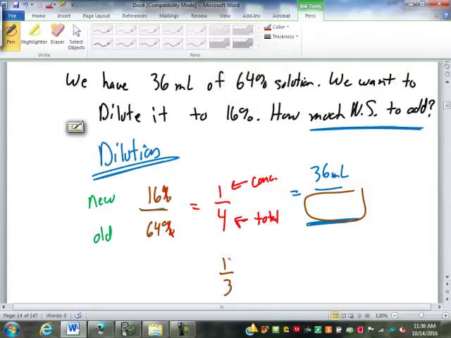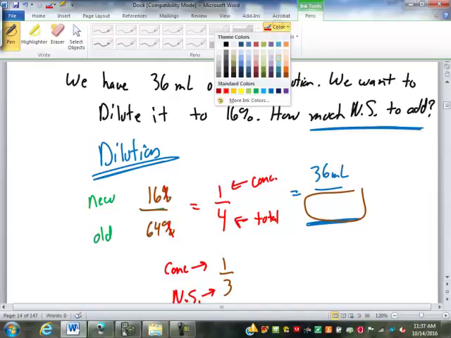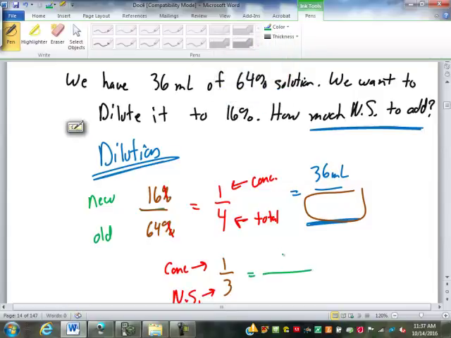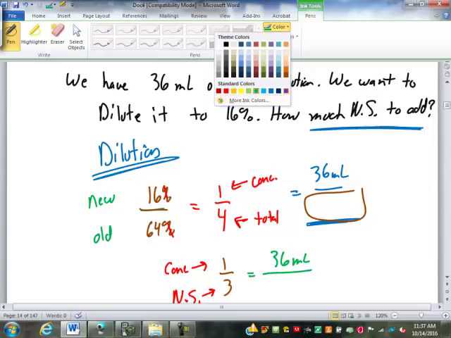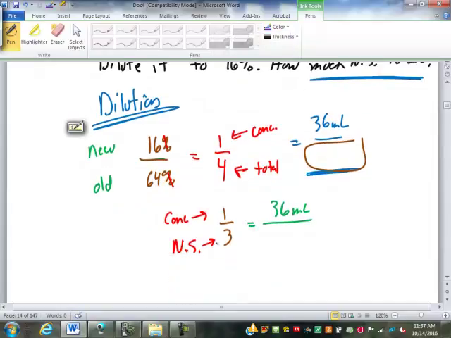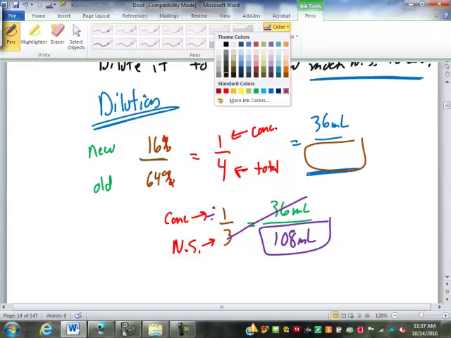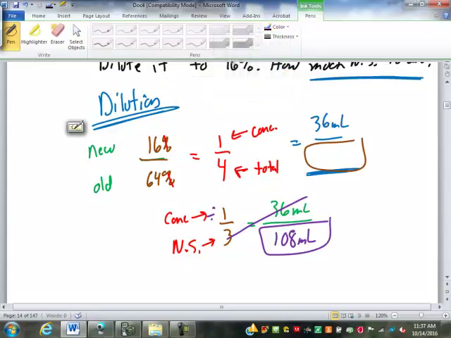So now it's describing the concentrate and the water. So on the other side, I put my 36 milliliters, and I can cross multiply and divide. 3 times 36 divided by 1 is 108 milliliters. Does that make sense?